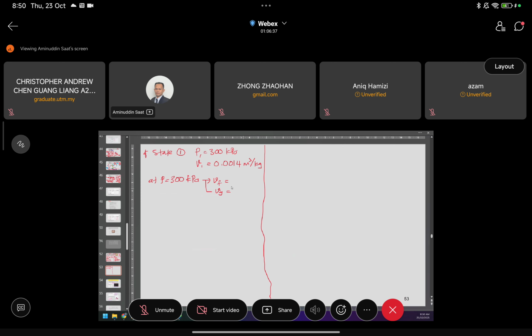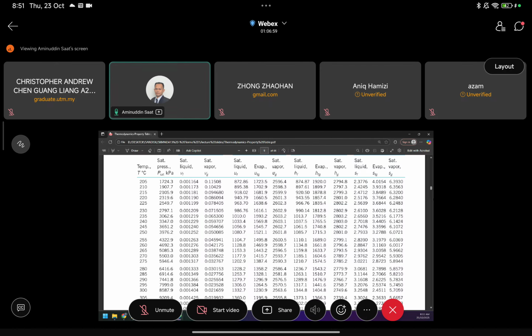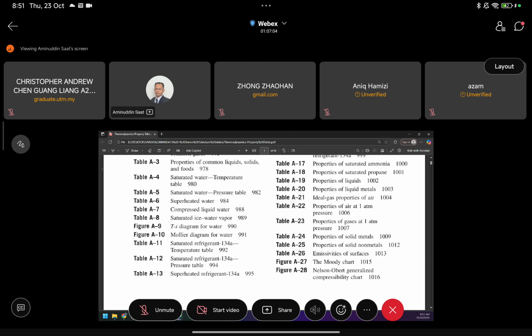In this case, which table do you need? The table for the refrigerant, pressure based, because you have the pressure information. So you need table A12, the pressure table.